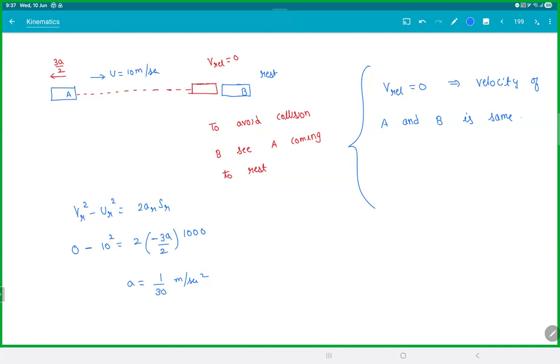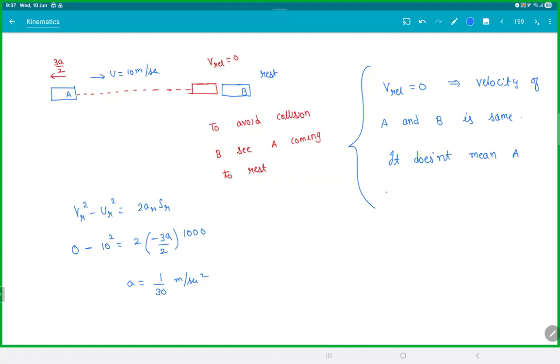So in order to avoid collision, I need not stop. If the speed of train B becomes greater than or equal to speed of train A, then A cannot hit B, isn't it? So train A is actually not stopping. It doesn't mean A stopped. A is still moving. So be careful with that. B thinks A came to rest. In real life, from the ground frame, A is still moving.